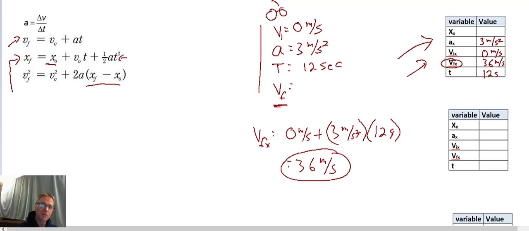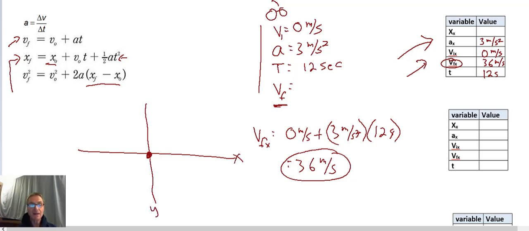Now, one of the beautiful things about doing these kinematics problems is we can decide where our starting point is. Unless the problem itself tells us where it is, we can decide where it is. And to make life easy, if I have a coordinate system here, and this is x and this is y, I'm always going to pick my beginning point to be 0.